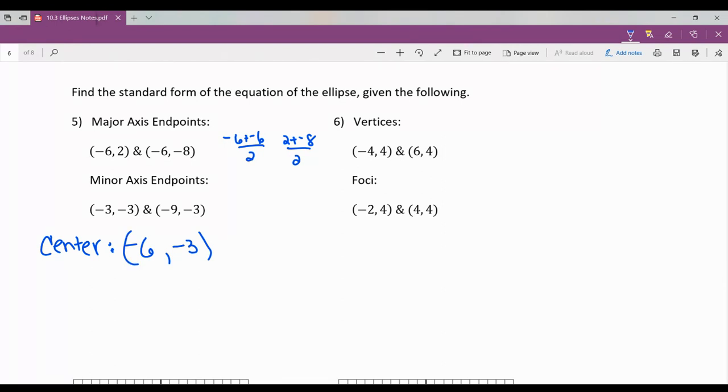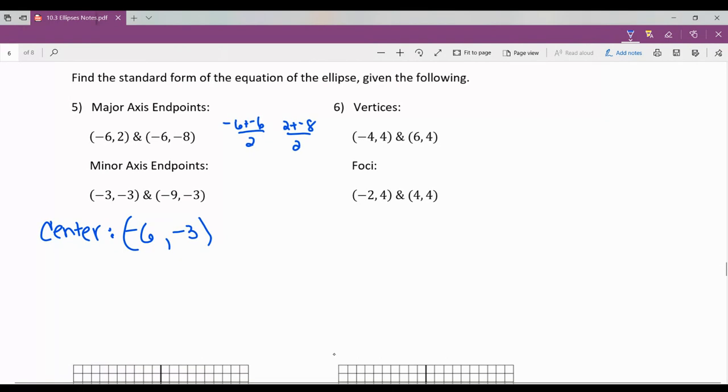Just to show you how it would work with the other, if I add those, -3 plus -9 divided by 2, that's -12 divided by 2, -6, and -3 plus -3 divided by 2, that would give you -3. So it didn't matter which one I used, the center would always wind up working out.